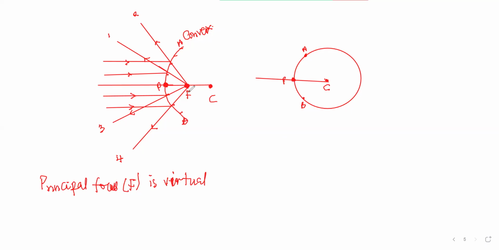Yes, so please, can somebody help me define the principal focus of a convex mirror? Can somebody help define or explain the principal focus or focal point of a convex mirror? Anybody? Before I call.